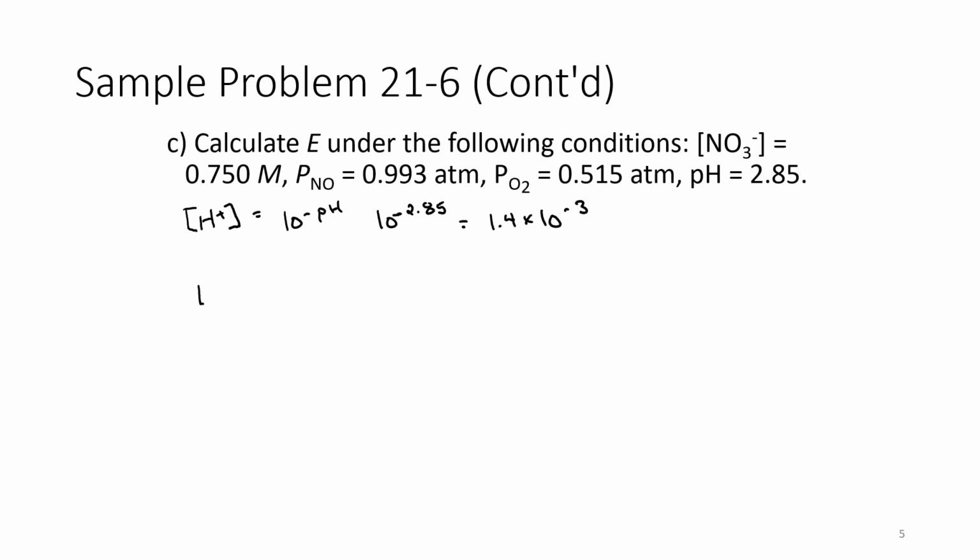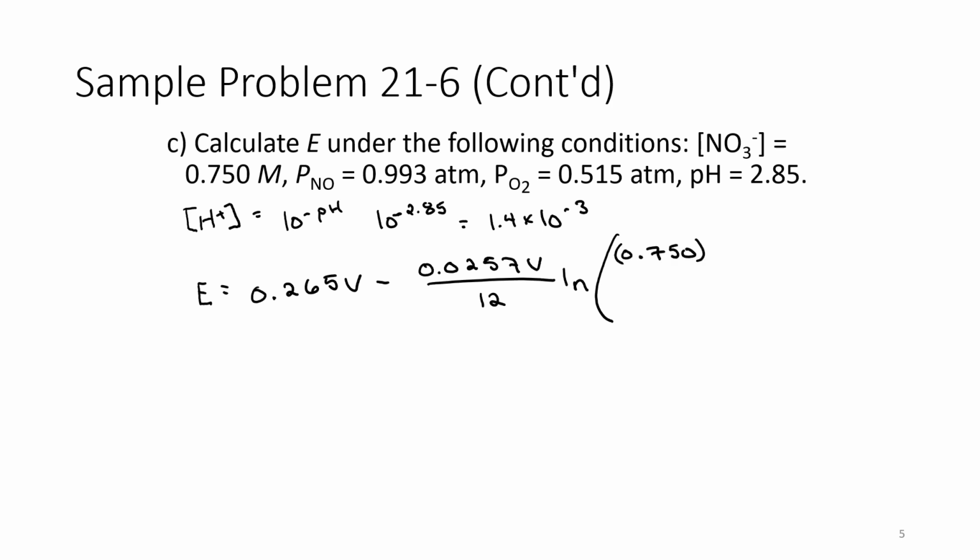Now we're going to say E is equal to E naught, 0.265 volts, minus 0.0257 volts over our n, which was 12, times the natural log of our Q. We've got to plug everything in. The concentration of our nitrate is 0.750. We're going to take that and raise it to the fourth power. Don't forget to do that in your calculators.